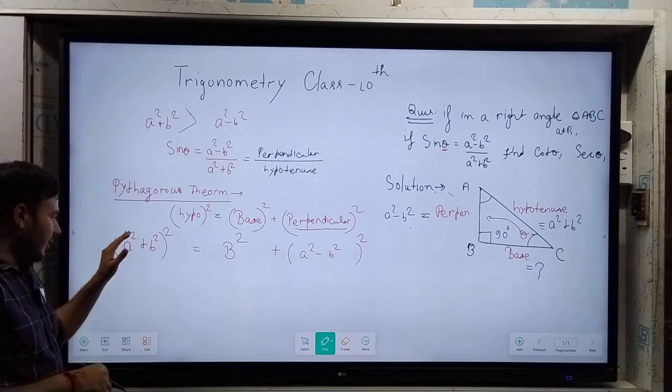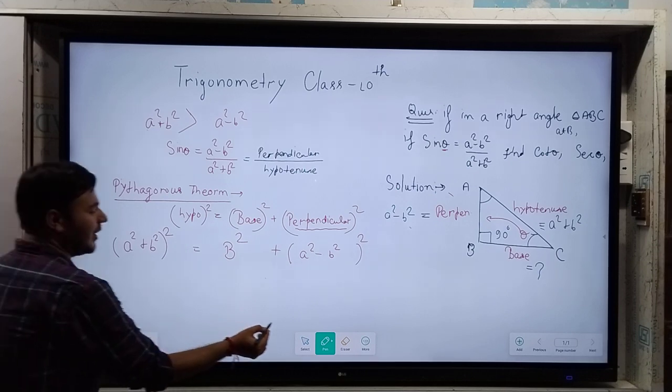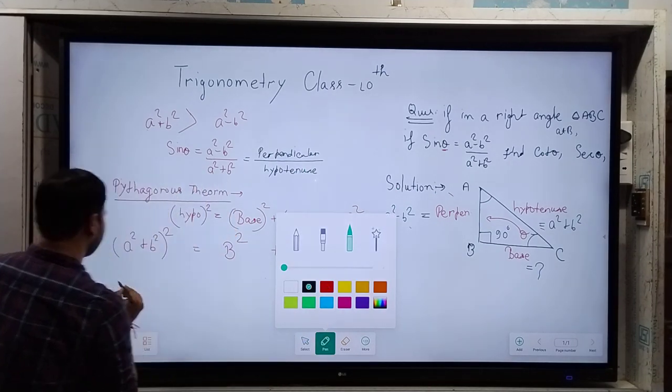Now we again solve the a plus b whole square formula. You have learned in the previous section, class 8. What is a plus b whole square?